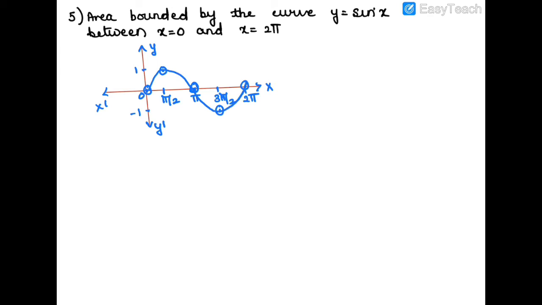Alright, and I have to find out this area. You can see it's a symmetric figure. तो अगर मैं 0 से लेके पाई तक का निकाल लूँ एरिया, I simply have to multiply it with 2. So what am I doing? From the limit, required area is equal to twice of integral 0 to pi sin x dx.